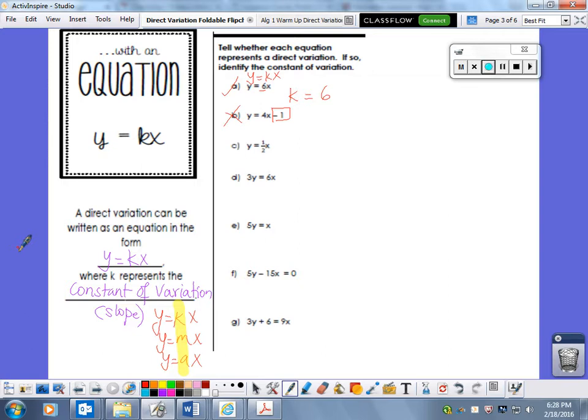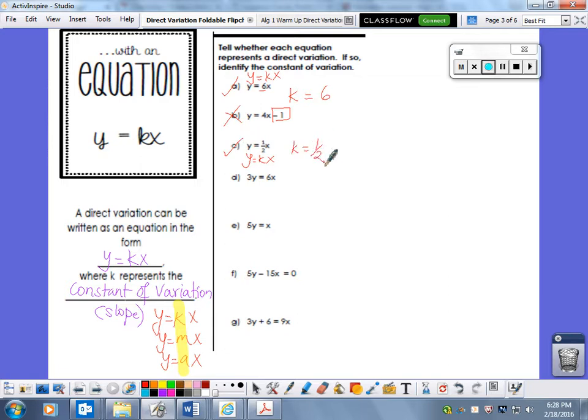Let's look at c. Here it says y equals half times x. So again, this is of the form y equals kx. So yes, this is in direct variation, and k here is equal to half.